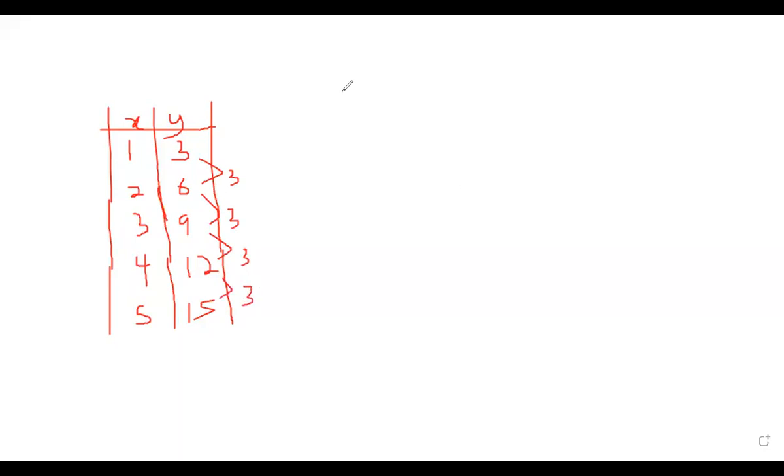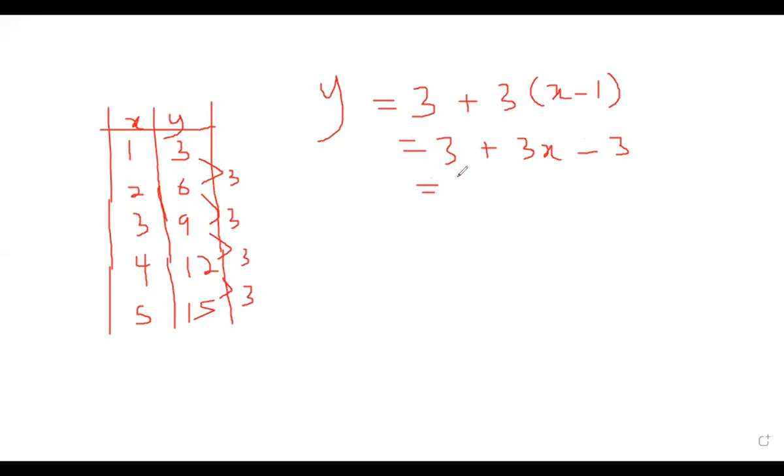So it's more like y is obtained with the first element being 3, and then subsequently we add on 3, taking into consideration x minus 1, that's the first term minus 1. Good, so if we simplify this, it should give us 3 plus 3x minus 3, which basically gives us 3x.